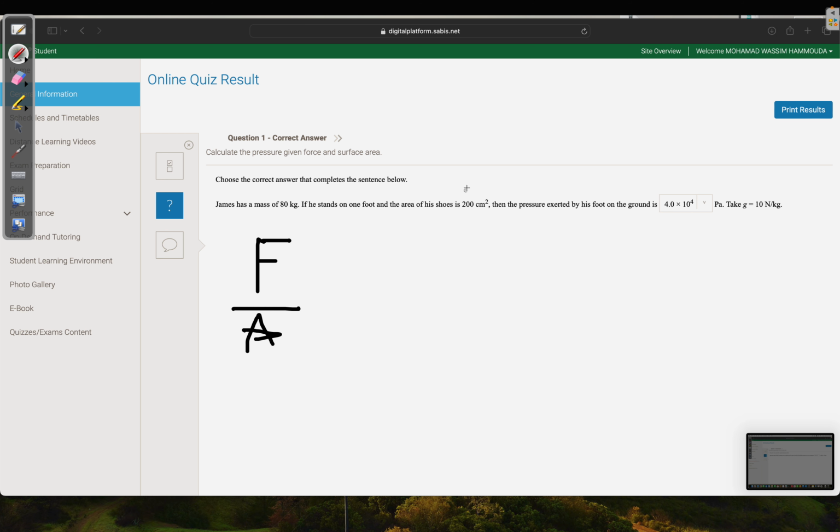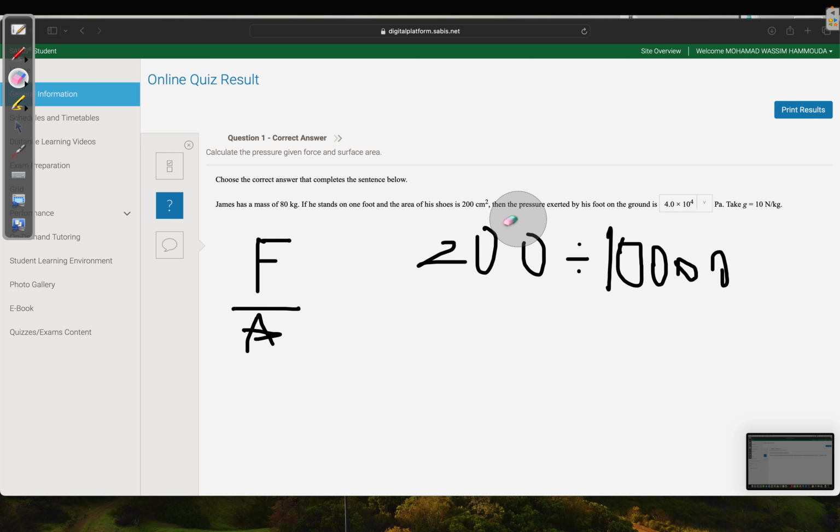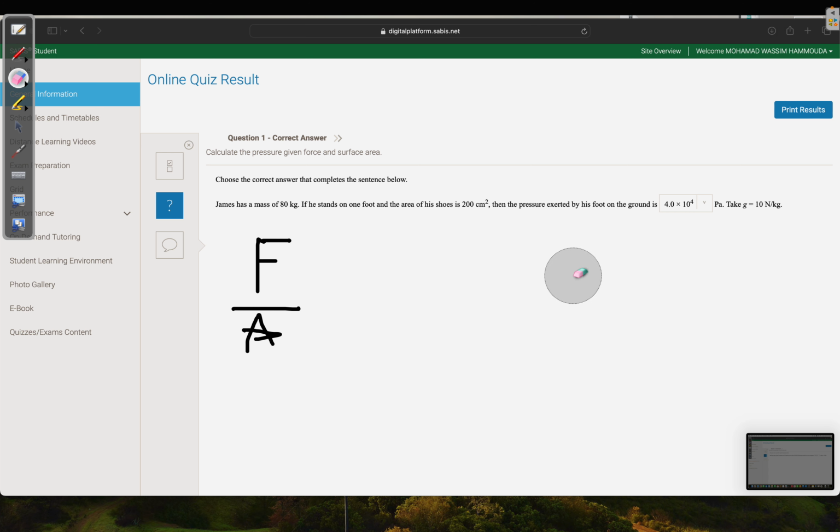The area we have is 200 centimeters squared, but we're gonna have to make it meters squared. So we're gonna have to do 200 divided by 10,000 to make it into meters squared. So 200 divided by 10,000 is 0.02.